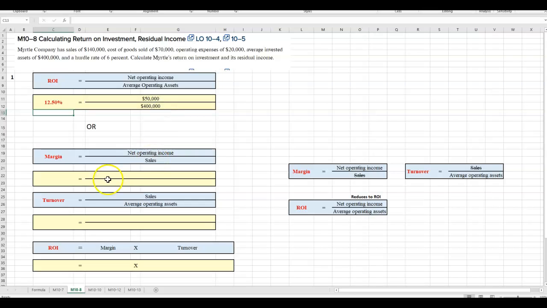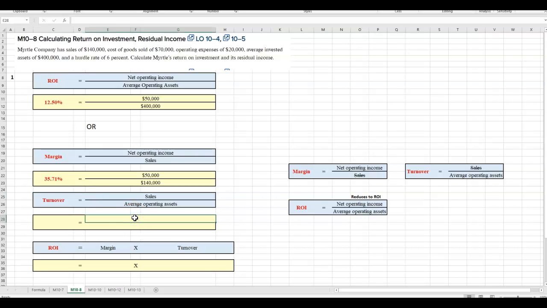12.5%. You can also calculate it this other way down here, where you take net operating income, which was 50,000, divided by sales of 140,000. That gives us a margin of 35.71%.